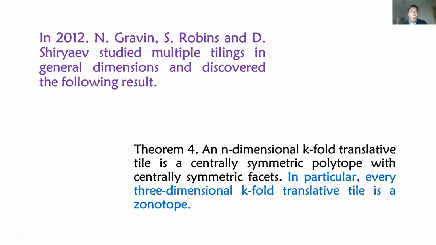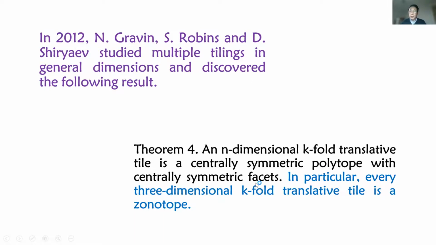This is the work I mentioned. We repeat it again. In 2012, Gravin, Robins, and, sorry, I cannot pronounce the name properly, studied the multiple tiling in general dimension and discovered the following theorem. An n-dimensional k-fold translative tiling is a centrally symmetric polytope with centrally symmetric facets.